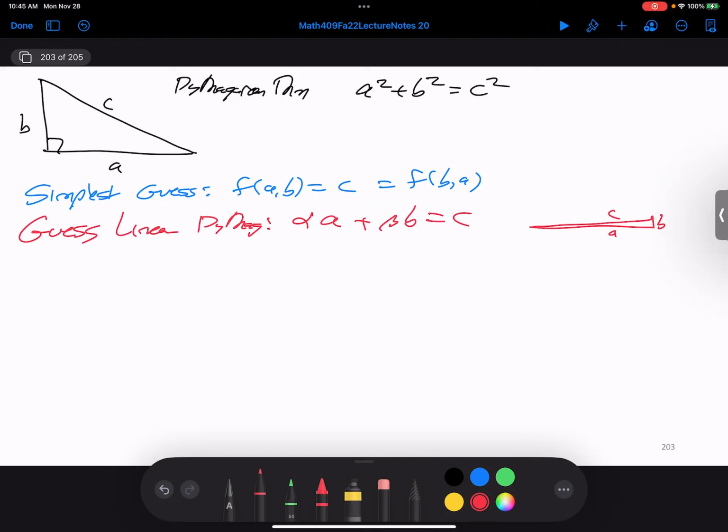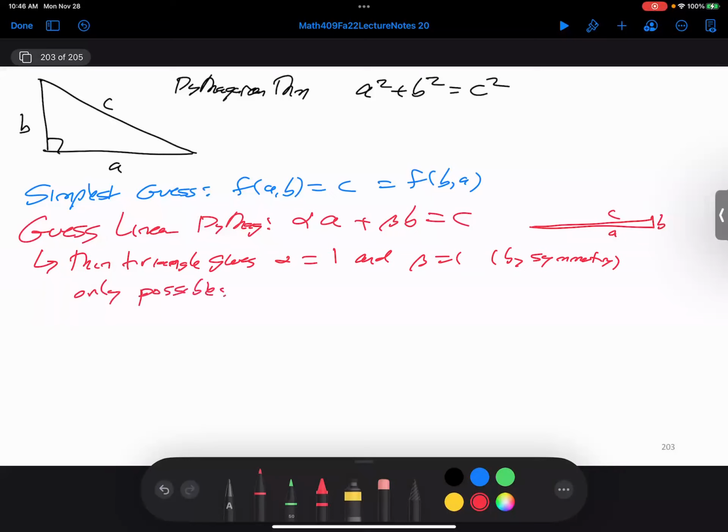So what must be true about alpha? So what would alpha have to equal? 1. And beta equals 1, either by symmetry or something similar. So the only possible option is a plus b equals c.